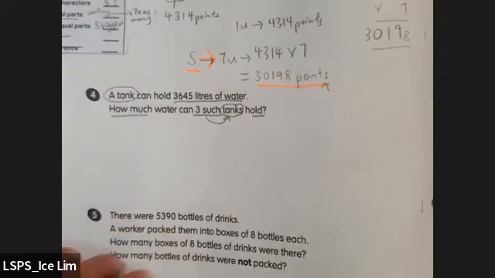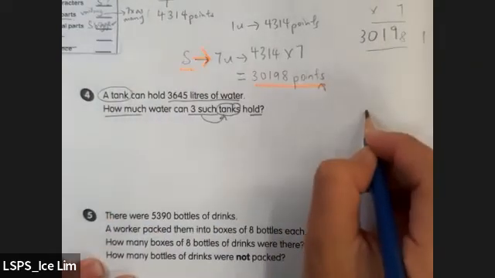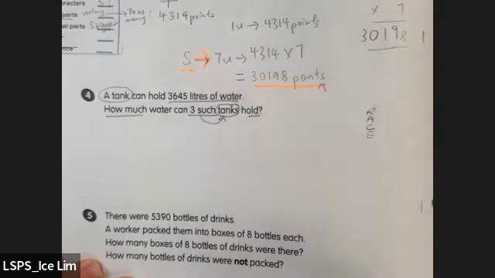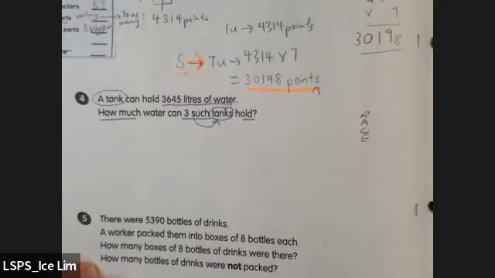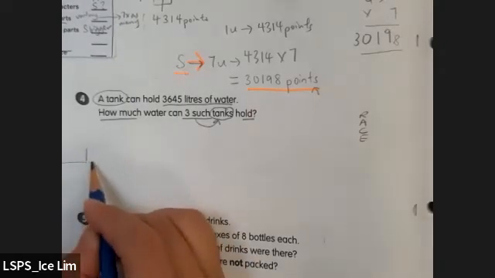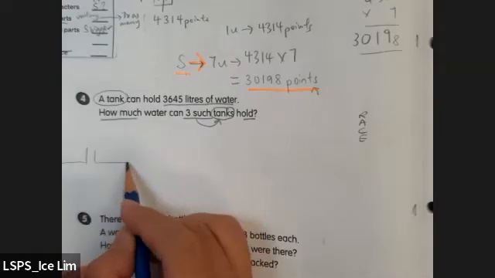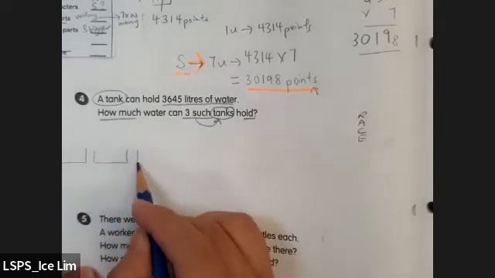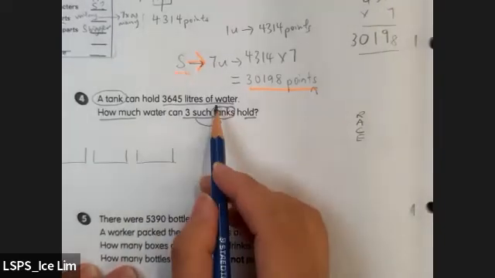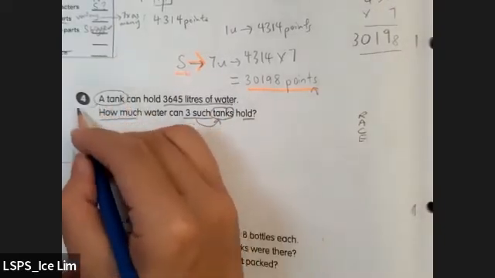A tank can hold 3,645 liters of water. How much water can 3 such tanks hold? Well, by now, this question is more like a primary 1 and 2 question, because it goes with a very quick identity of a group.